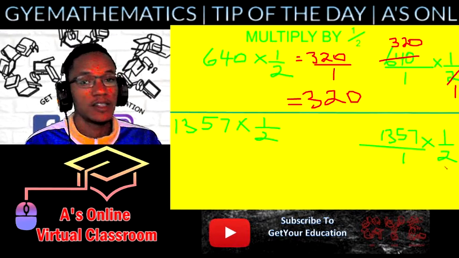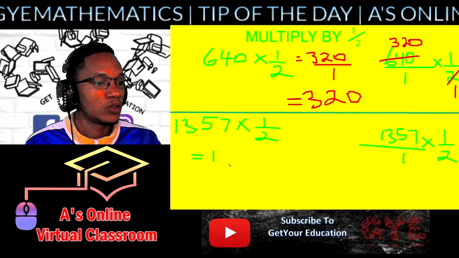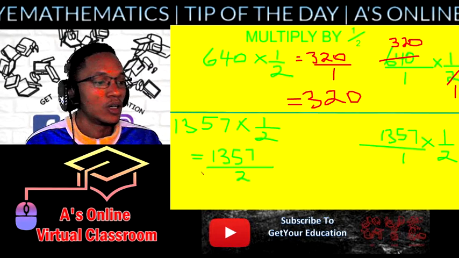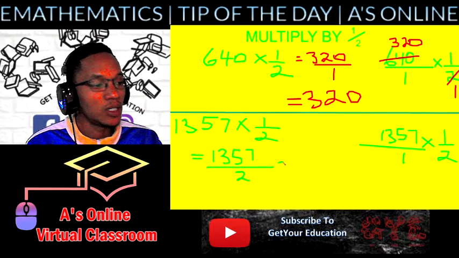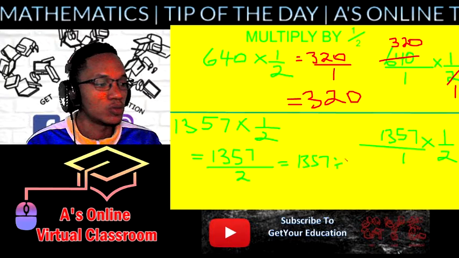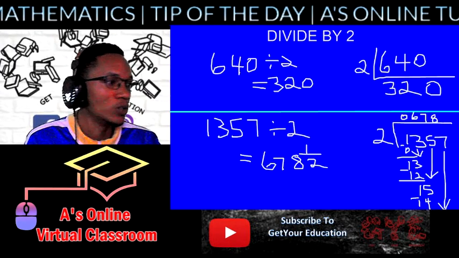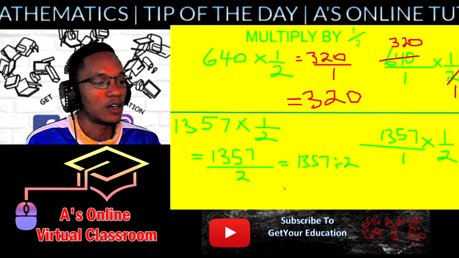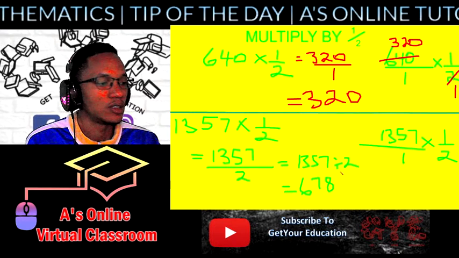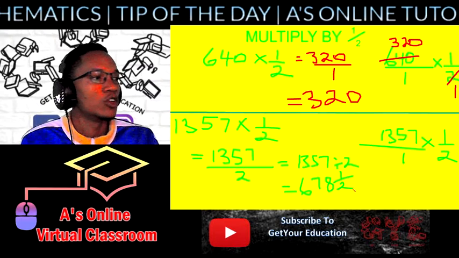Nothing in this case could reduce, so we just have to multiply. So we get 1357 over 2. And this fraction literally means 1357 divided by 2, which I just worked out. I'm not going to go through that again and work it out. It is 678 and a half. Remainder 1 over 2.